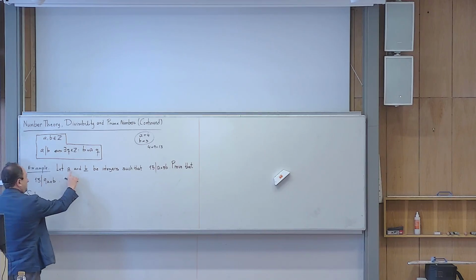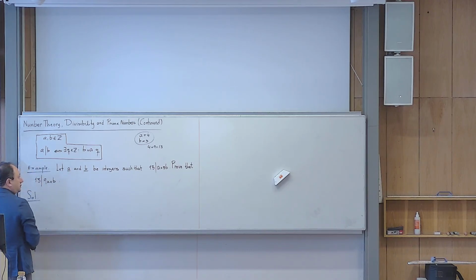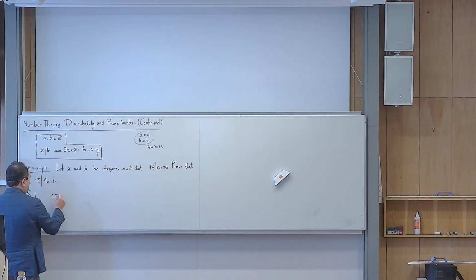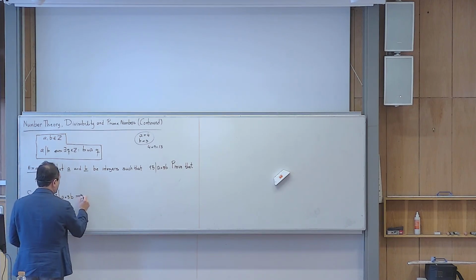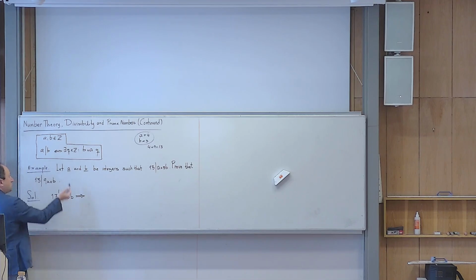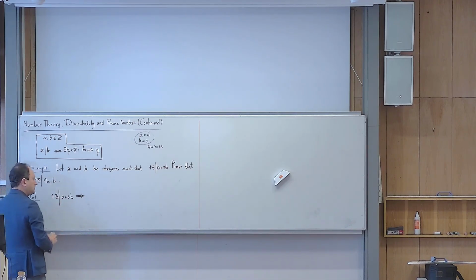You are telling me that A and B are integers such that that is happening. So it means that 13 divides A plus 3B is guaranteed. What can I conclude from this? The only thing that I have at my disposal is my definition. When you say 13 divides this, what does this mean?